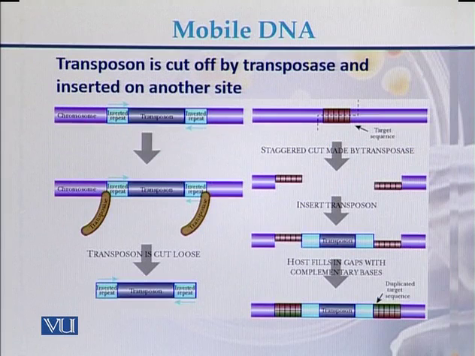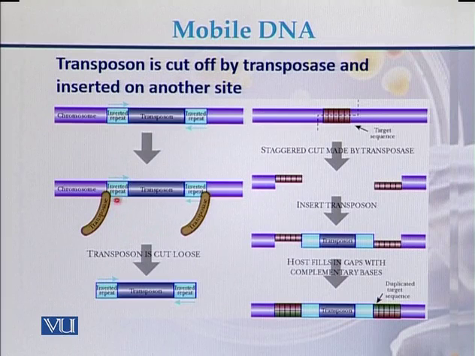Transposons are cut by transposase, an enzyme, and inserted at another site. Here is an example: this is the transposon. Here are the inverted repeats, and this region is cut with the help of the enzyme transposase.